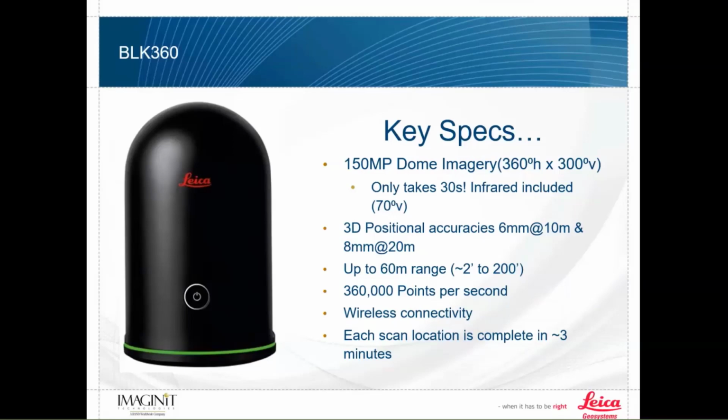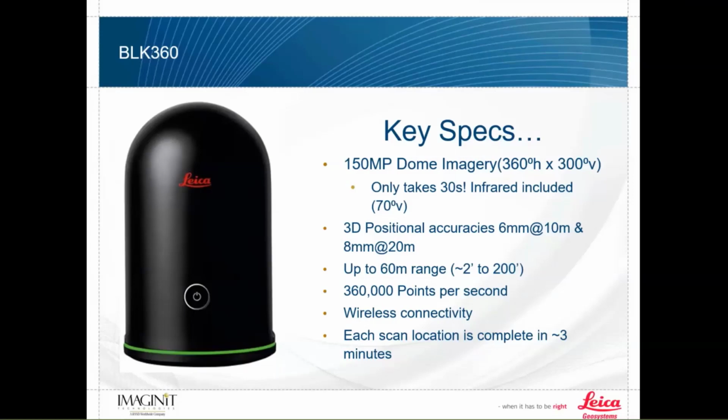Okay. I mentioned the infrared scanner, being able to capture that 70 degrees vertical of infrared data using the BLK360, right? I think that's a pretty valuable tool. Okay? 3D positional accuracy is 6 millimeters at 10 meters and 8 millimeters at 20 meters, right?